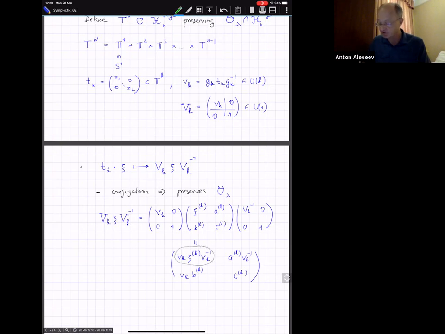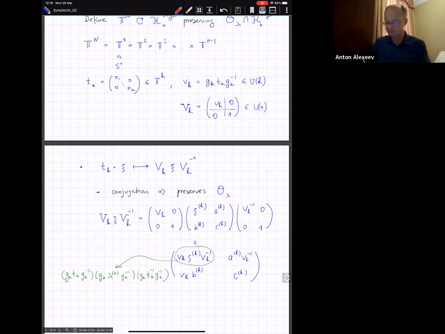But let's look at this upper left corner, how it looks. Well, it looks like this: Gk, Tk, Gk minus 1, Gk lambda k, Gk minus 1, Gk, Tk minus 1, Gk minus 1.